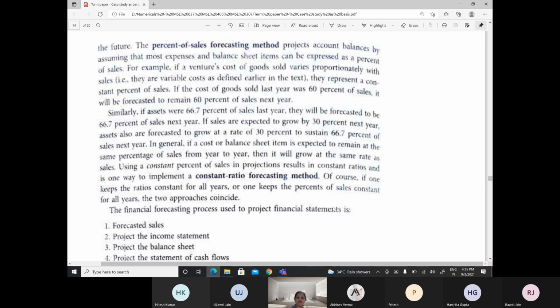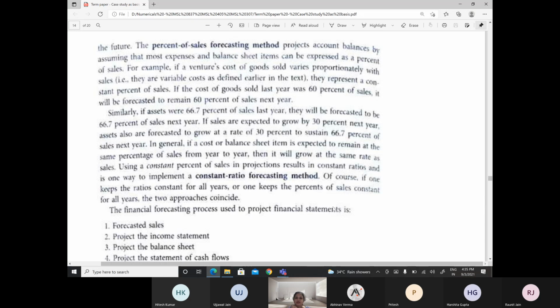For example, if a venture's COGS varies proportionately with sales, that is their variable costs as defined earlier, they represent a constant percent of sales. If the COGS last year was 60% of sales, it will be forecasted to remain 60% of sales the next year. So we assume this. Similarly, if assets were 66.7% of sales last year, they'll be forecasted to be 66.7% of sales next year.